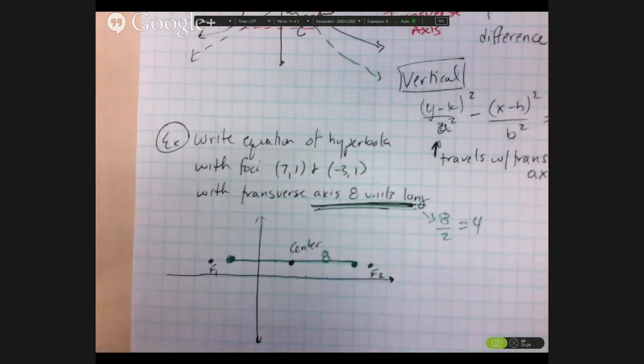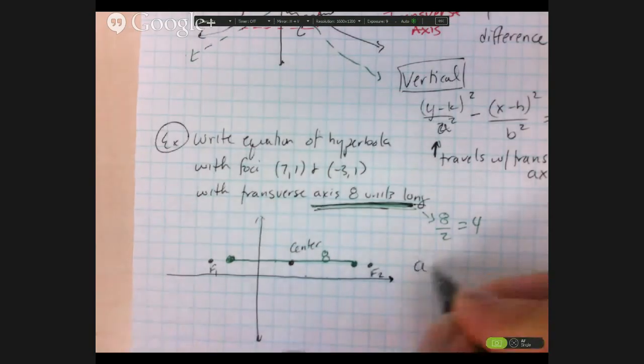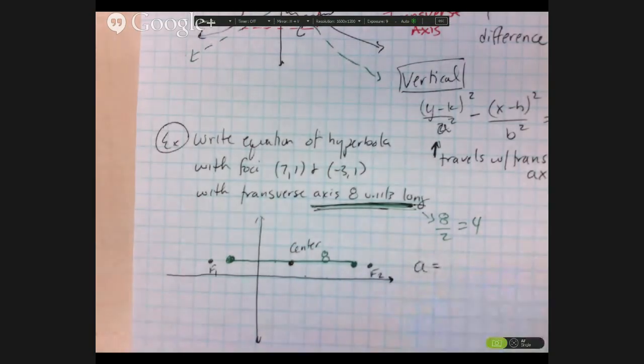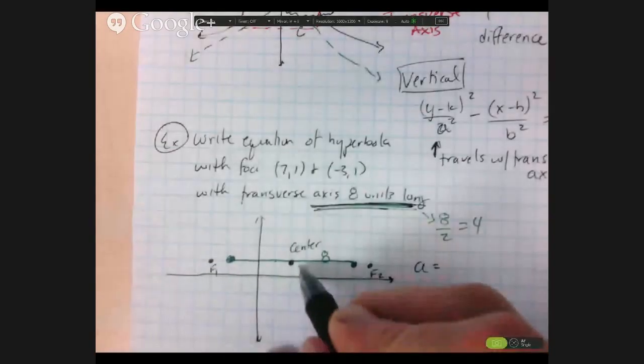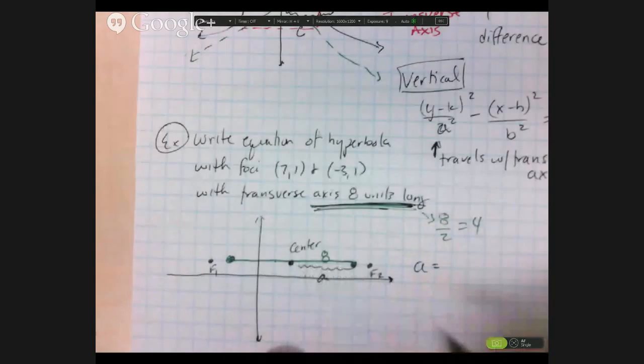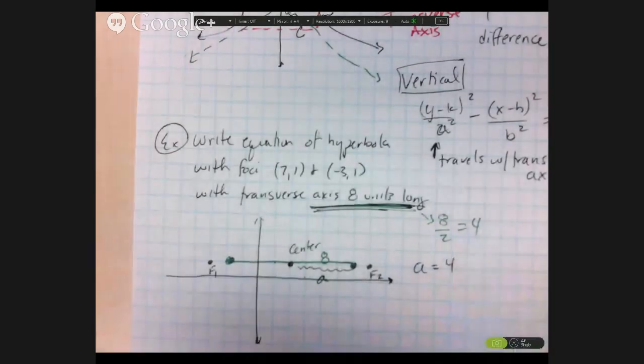And if you want, you can. Okay, so what's the value of A? 4. How do you know that? Yeah. Right there. That's A, so A is 4.